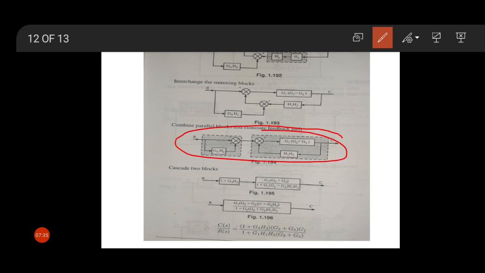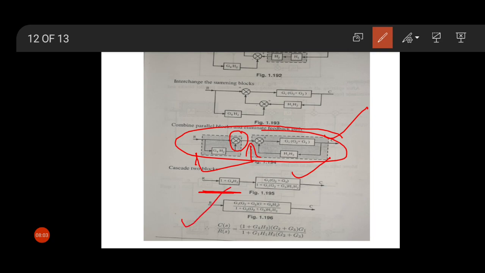Now see, this is our parallel connection. After eliminating this summing point, we get this block, and this is our feedback connection. After eliminating this feedback loop, we get this. Now these two are connected in series, so we multiply the gain of these blocks.